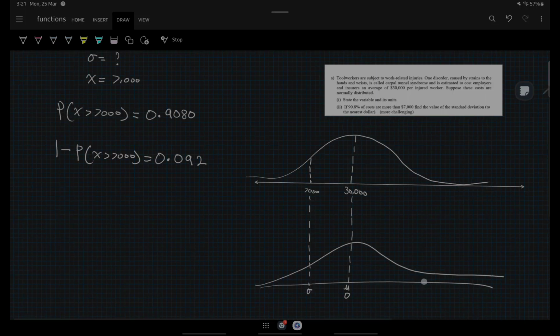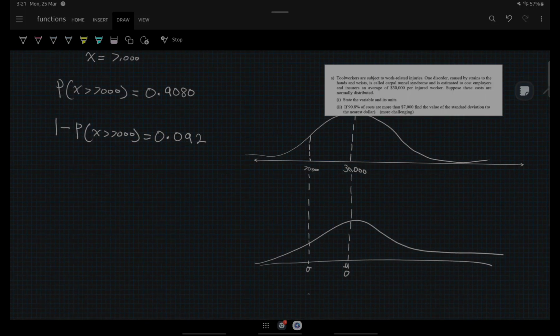That is your standard deviation. And from the rest is 0.092.